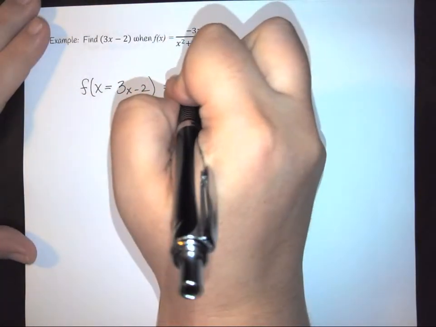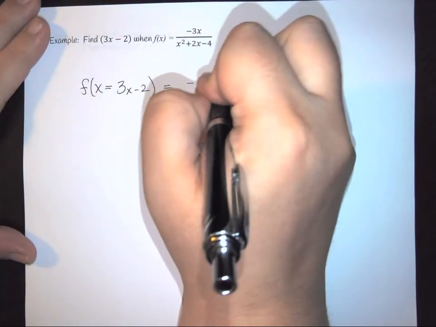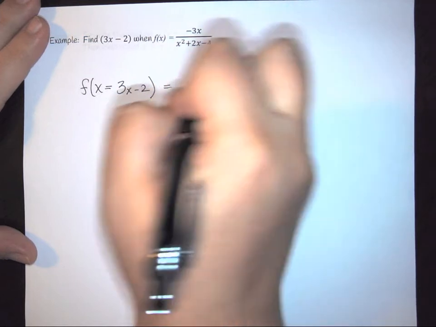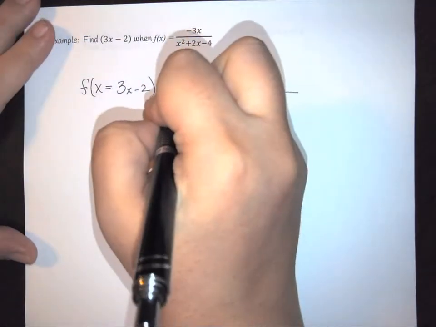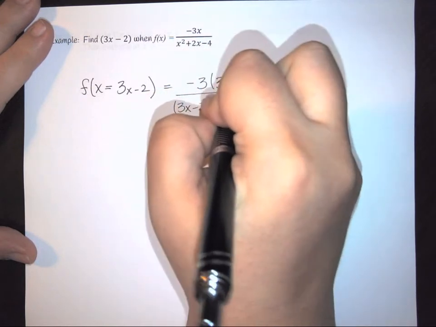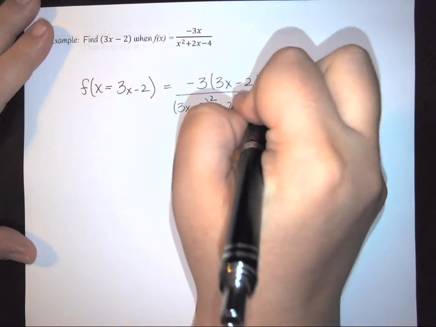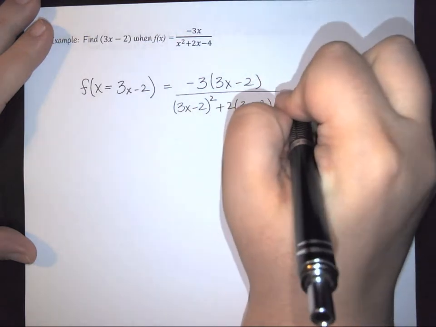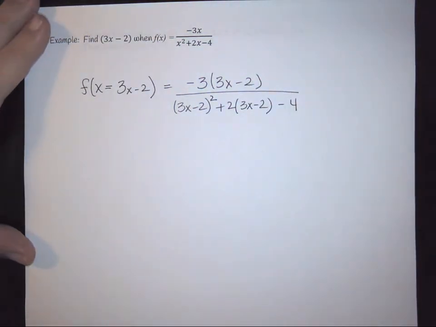So in this case, anywhere I have an x, I have to input. So my numerator becomes -3 times the 3x minus 2. And the whole thing is going to be over 3x minus 2 squared plus 2 times the 3x minus 2 minus 4. Now from here we have to simplify.